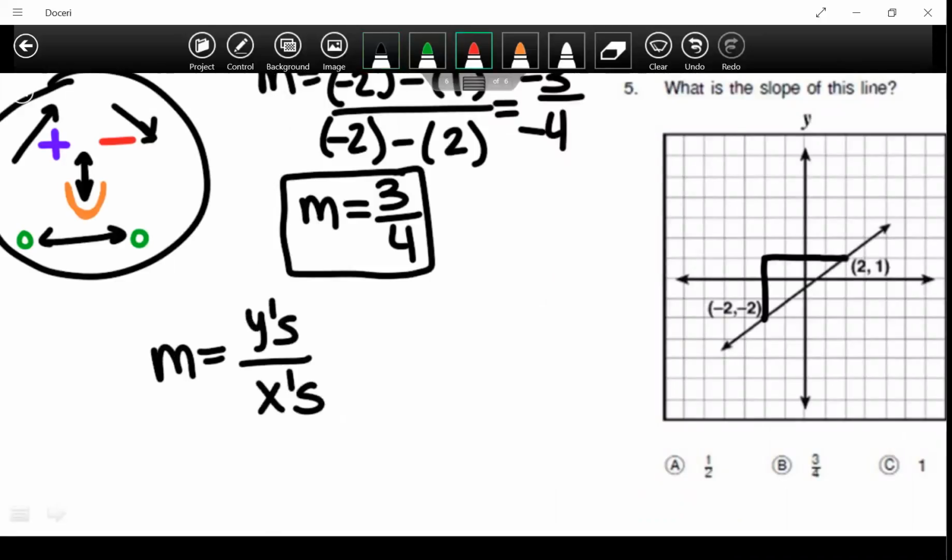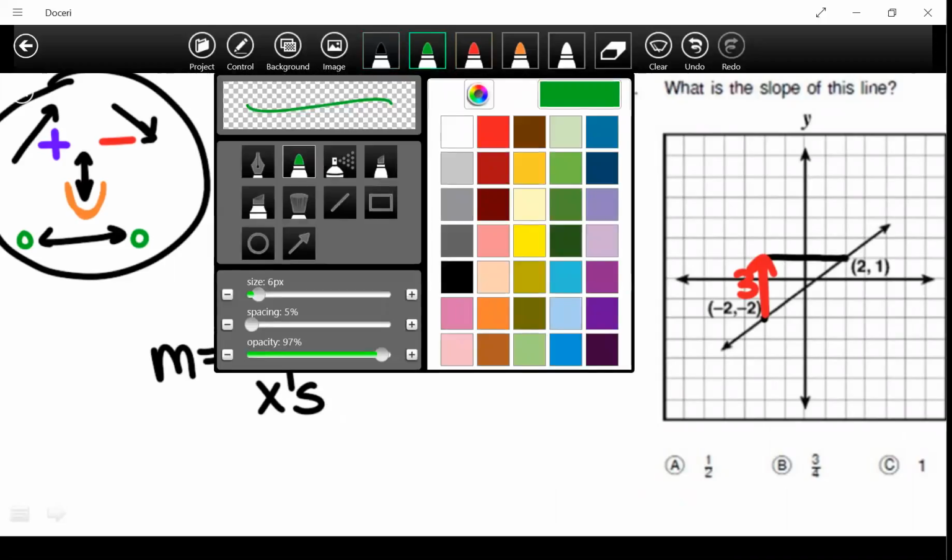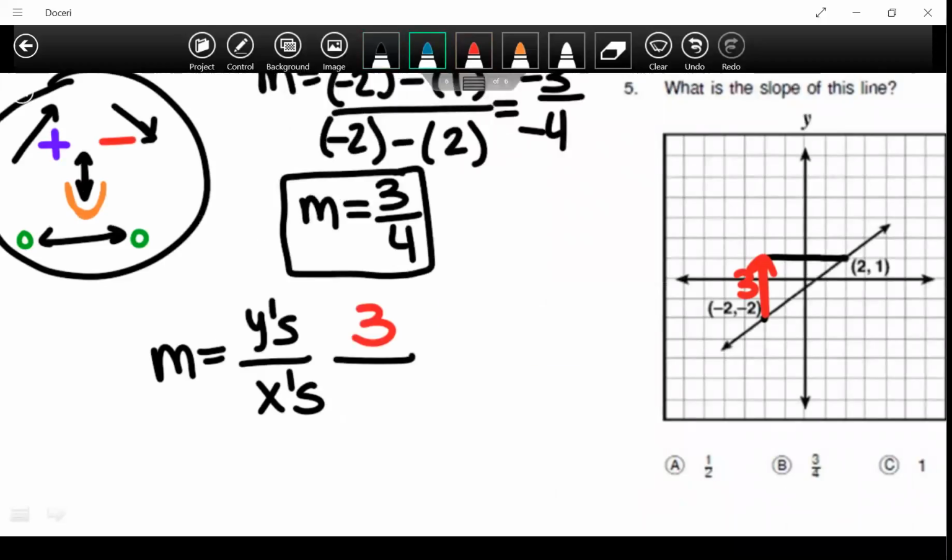I'm rising up 3, which is my top number, and over 4, so my bottom number is 4. Again, 3 over 4 is the same thing. Pretty straightforward.